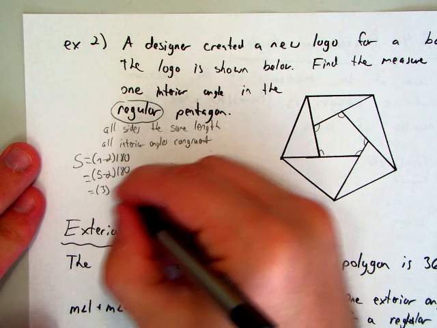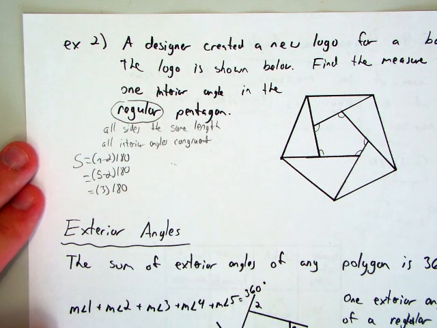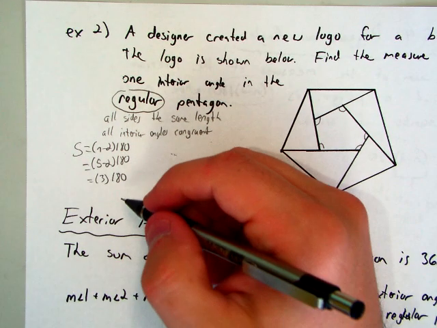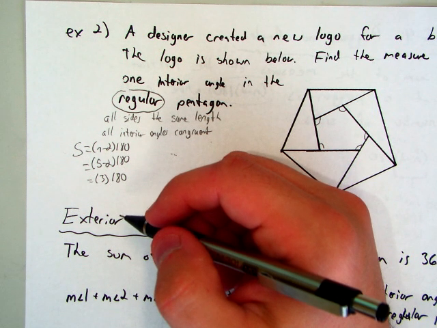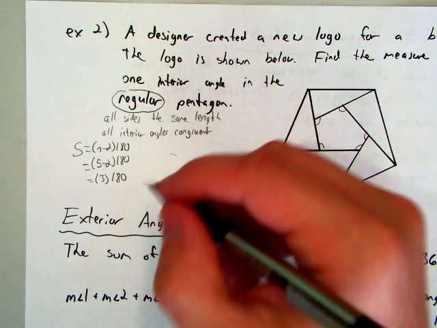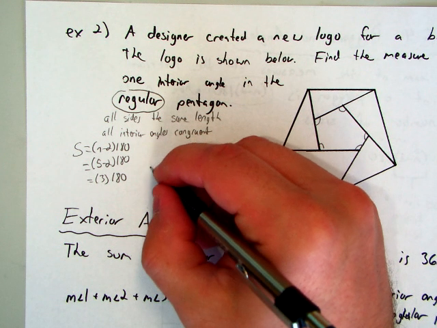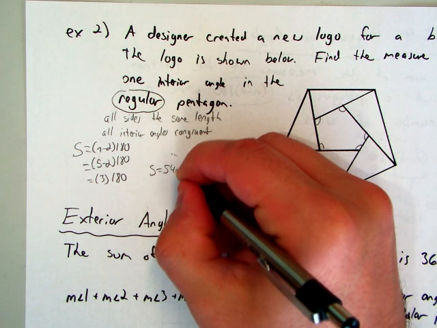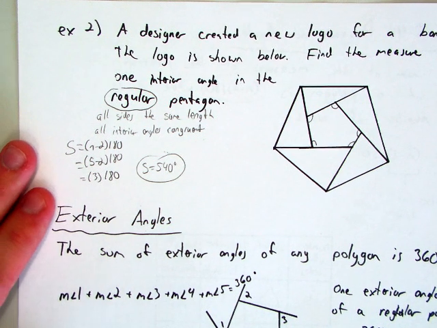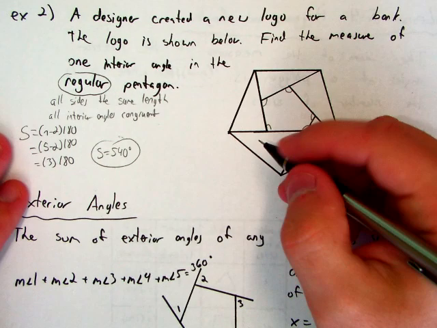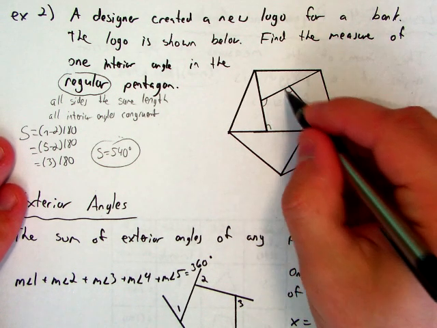Now, 3 times 180 degrees is going to get you 540. That's the sum of all of the angles added together. Now, in this case, there are 5 angles.